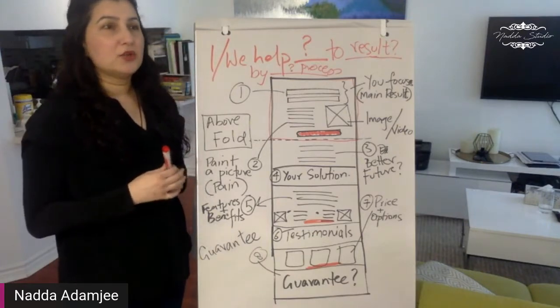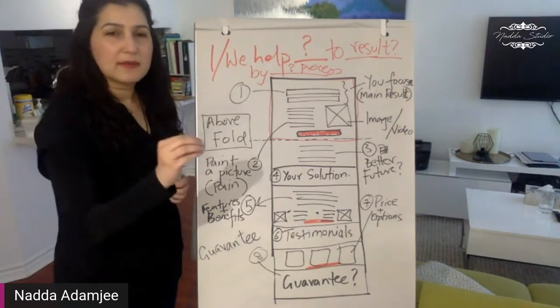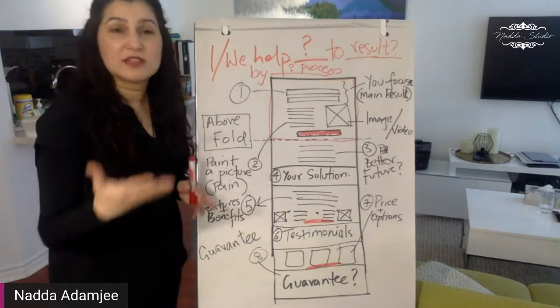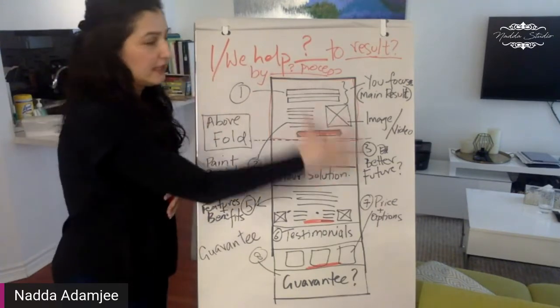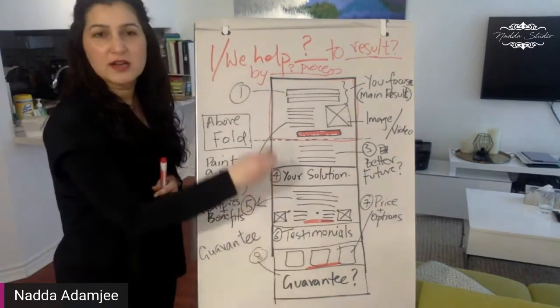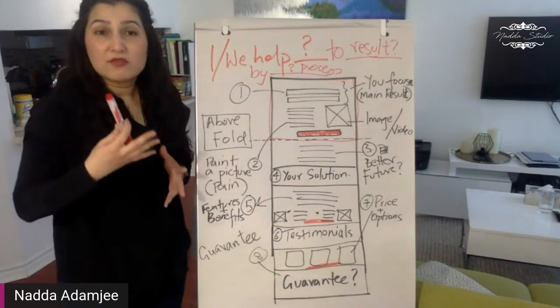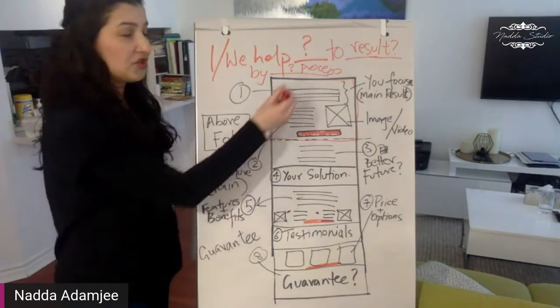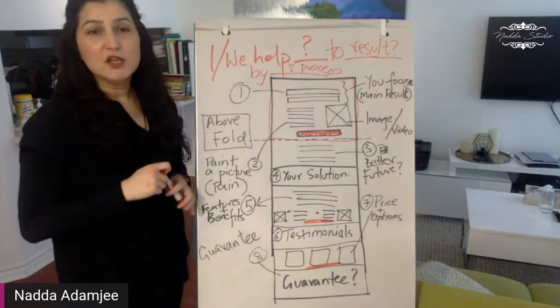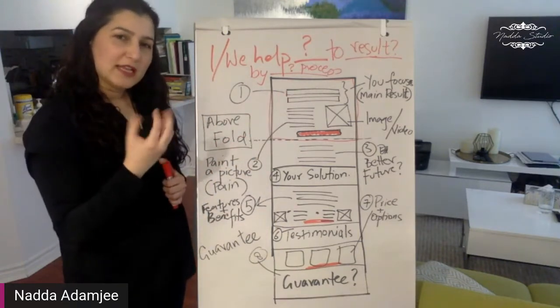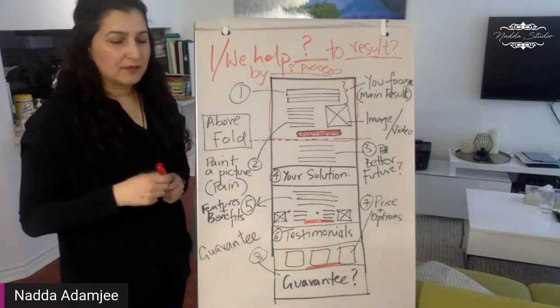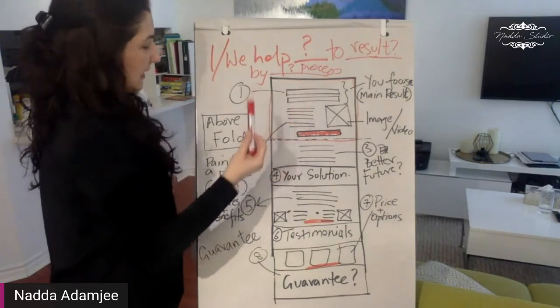The other is you can call them out and mention the final result, after they've bought into your product and used it, what results they are going to get. So you mention the result in the headline. That's one of the ways of grabbing attention. So moving on to the next thing.